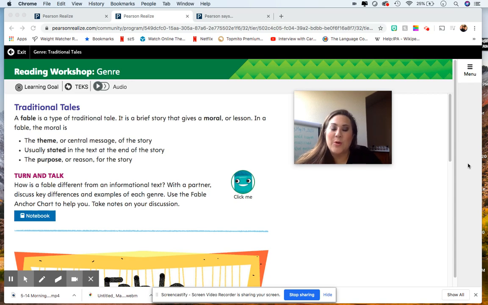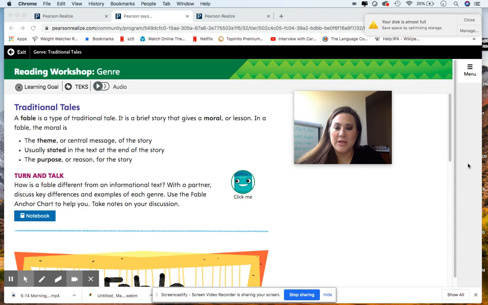Okay, so we are going to dive into fables. So remember that a fable is a type of story, a traditional tale. We are specifically going to study Aesop's fables.